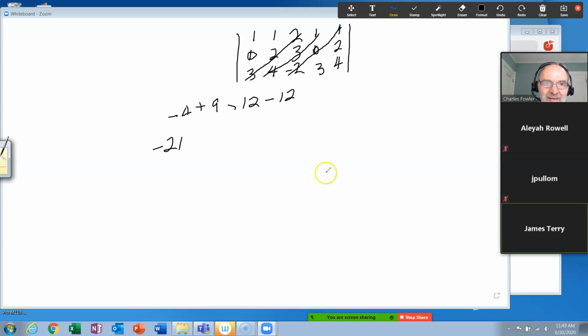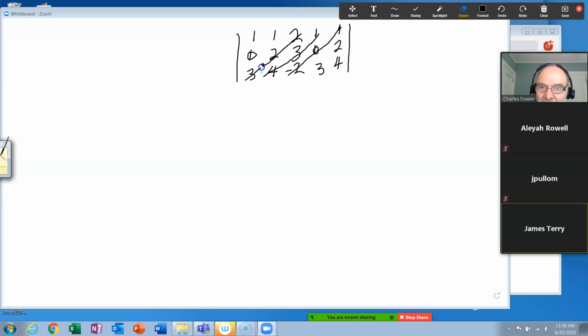Oh, I know what happened. Remember when I had accidentally wiped out this bar here, I also wiped out a minus sign. Sorry folks. Let's start that one over. That should be a minus 1 there.